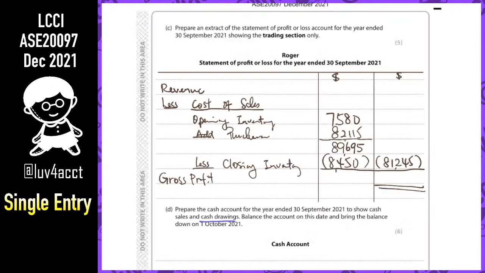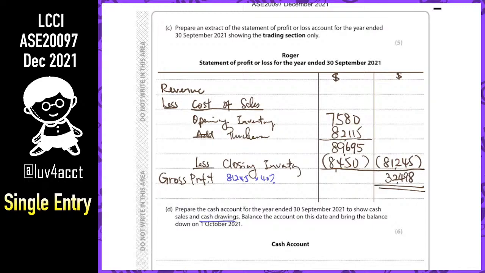40% on your cost of sales would be your gross profit. So gross profit is equal to 81245 multiplied by 40%. That is 32498.